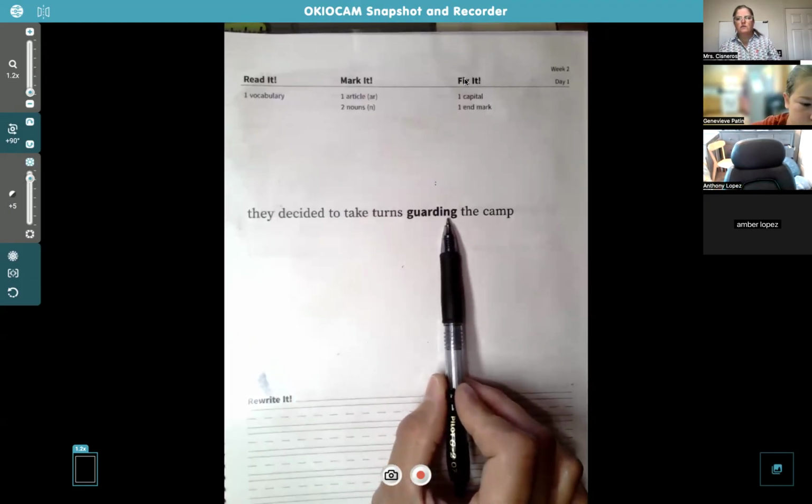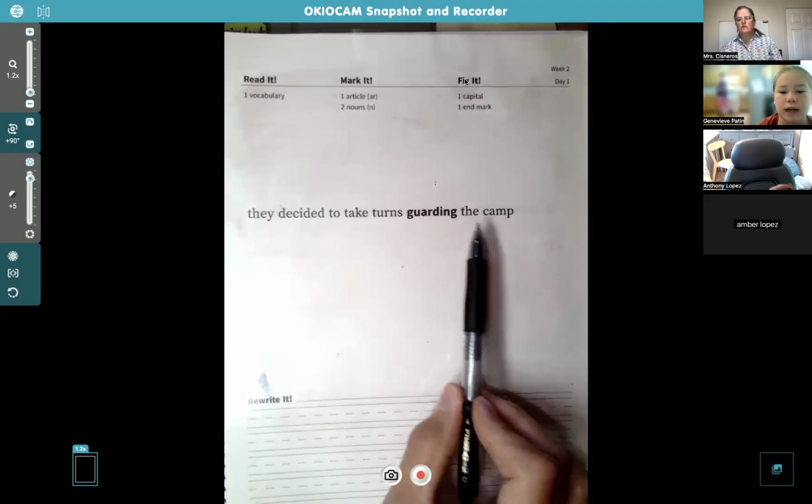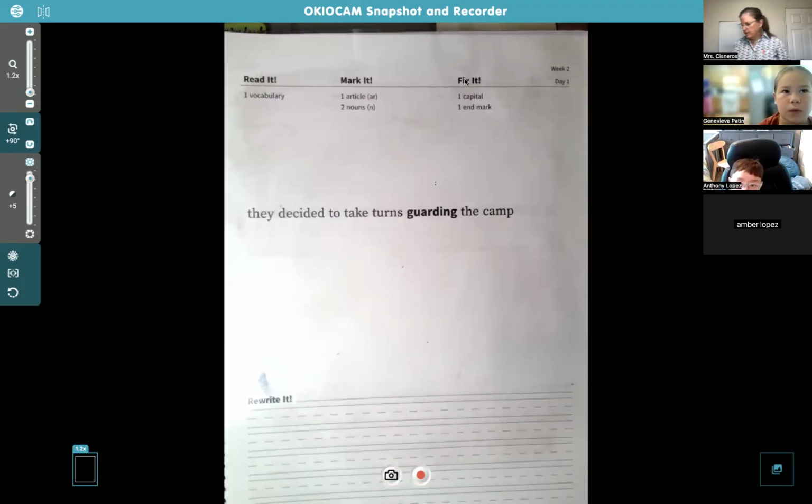It means when you guard something, you're protecting it from danger or keeping it stored somewhere. Nice. Okay, protecting, that's a good word for it. Anthony, did you want to say something different? I was going to say protecting. Yeah, protecting. So they're taking turns protecting the camp.